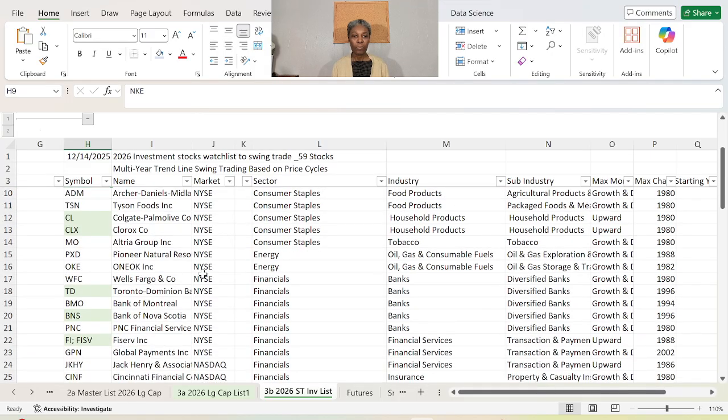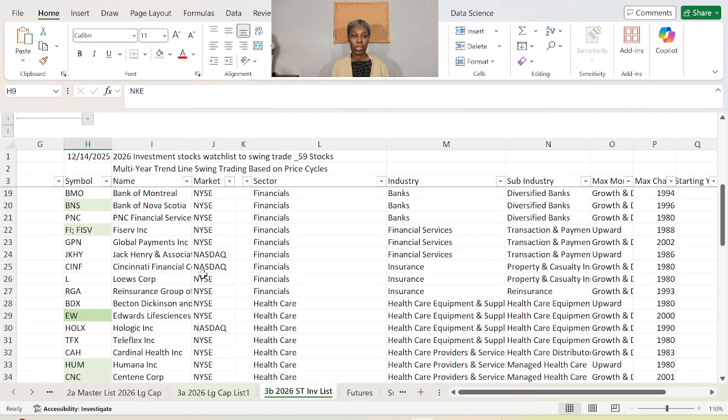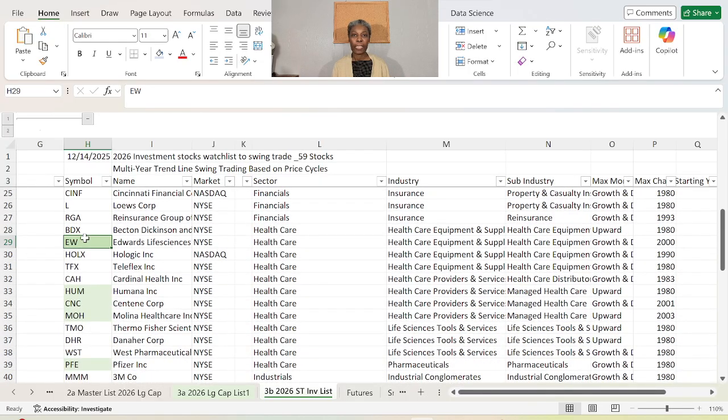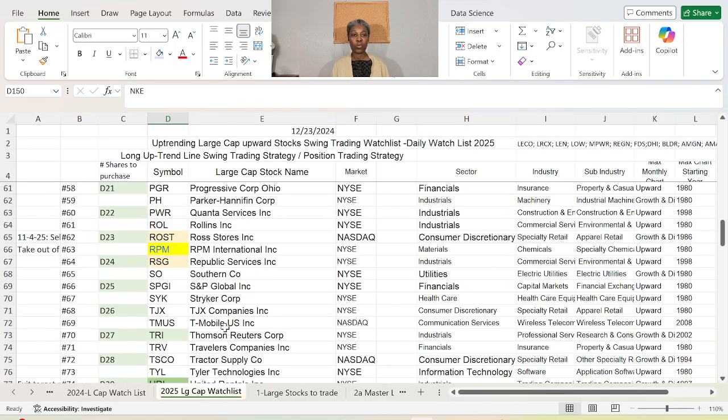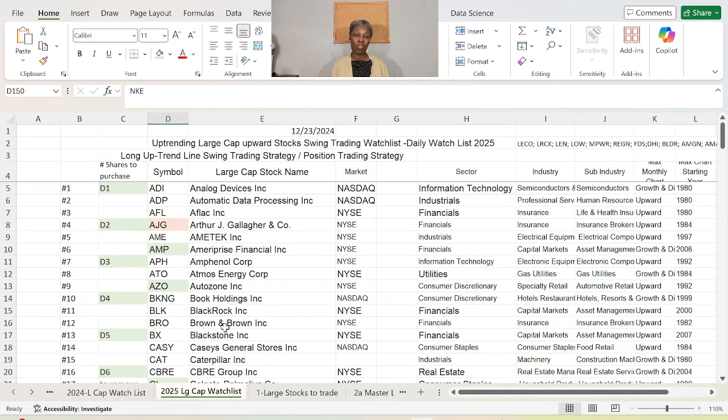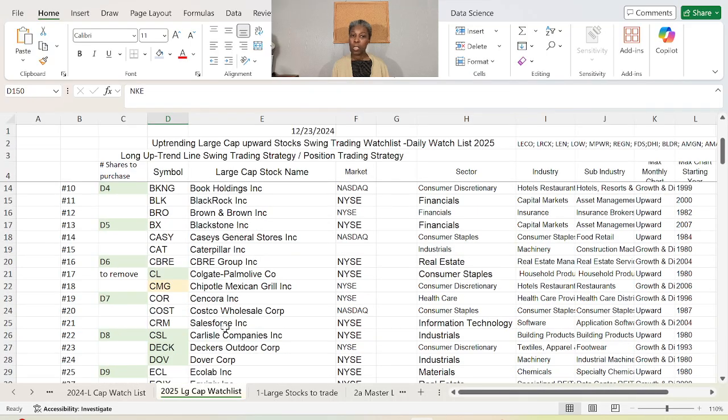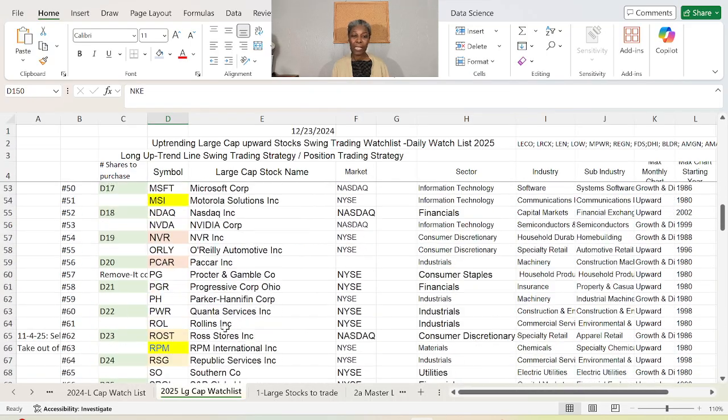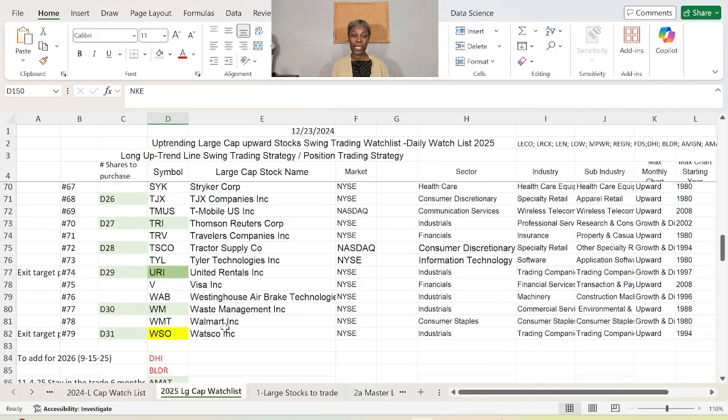But that is just how I create those lists and how often I update them. The master list for 2026, I'm not going to update until toward the end of 2026, because the list for 2025 is what I traded from, and it was about 79 to 80 stocks from the list.